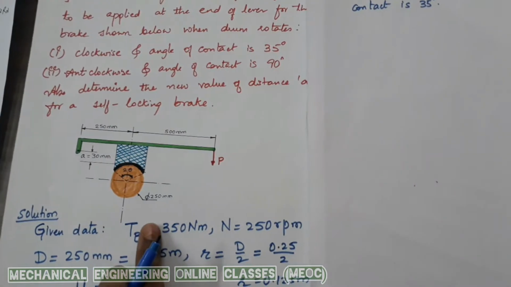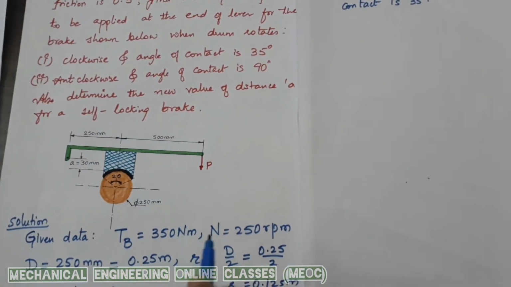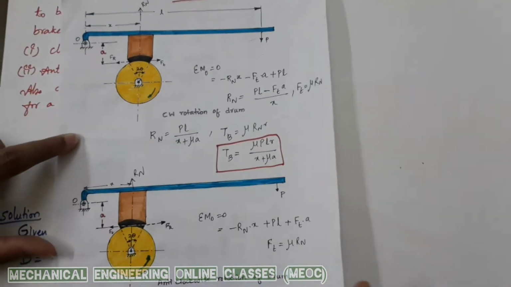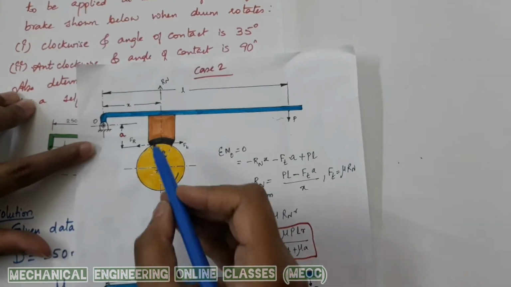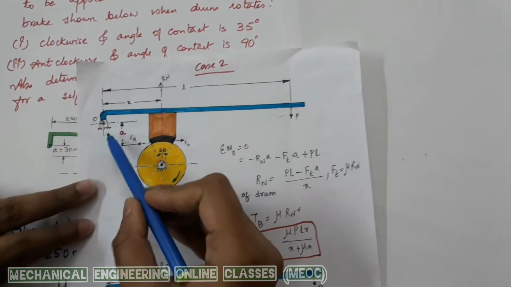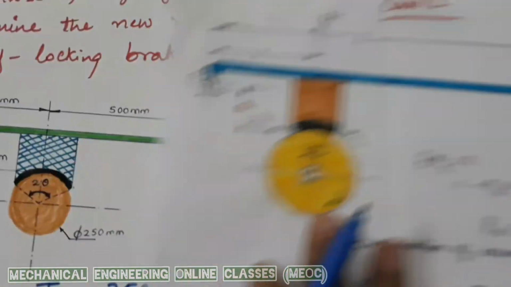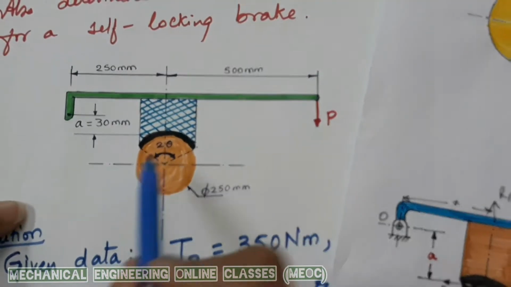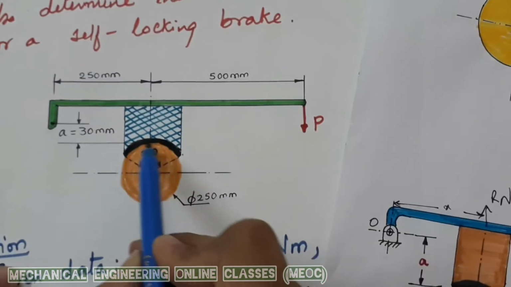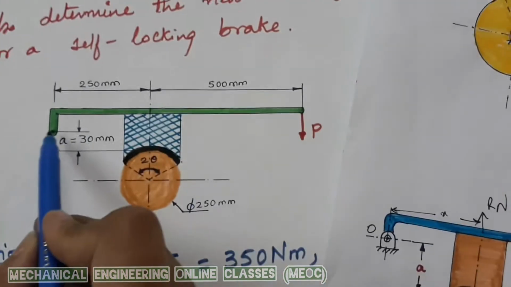The given question comes under simple shoe brake, case 2, where the tangential force is below the fulcrum. The line of action of the tangential force is below the fulcrum. From the given question, we can clearly see that the tangential force will be along this line and the fulcrum is here.